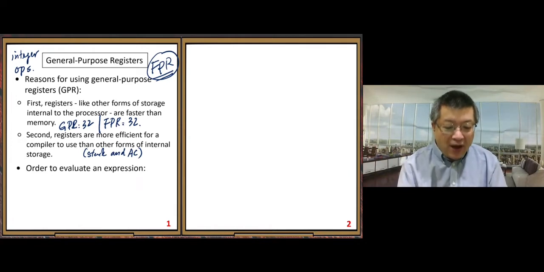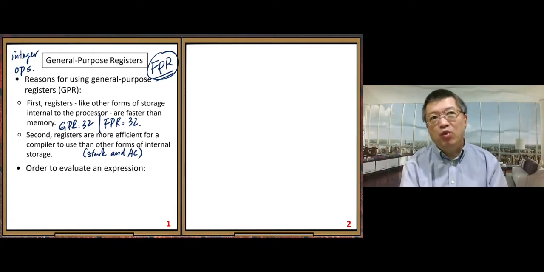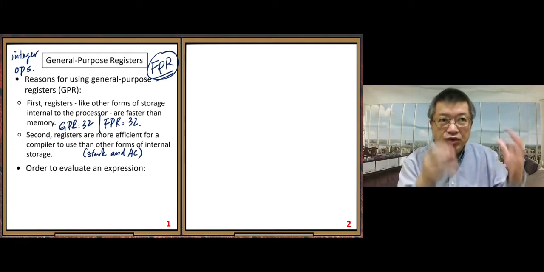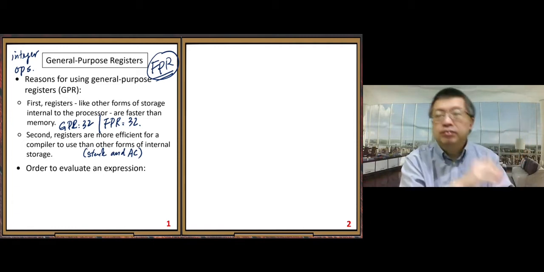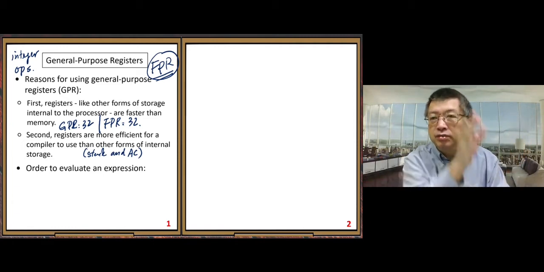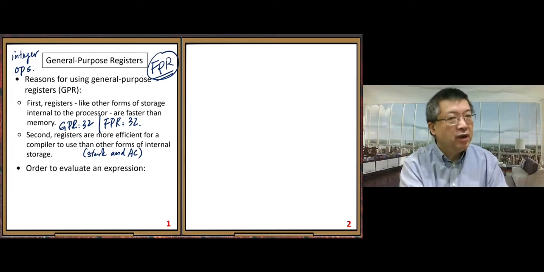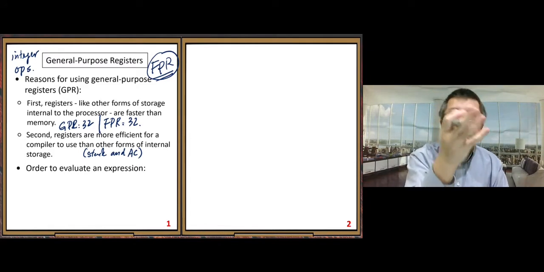Order to evaluate an expression. When you are given an arithmetic expression, many times you have freedom to choose in what order to find the result. If you have freedom to do the operation in different orders, then you have a chance to make your operation faster.